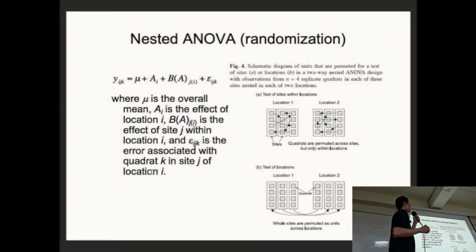So then you need to be careful about how you randomly shuffle your data, because it depends on your null hypothesis, depending on the question you are asking. Suppose we are asking whether treatments A, B, C are different, whether treatment has effects. We should maintain the structure of the two locations, location 1 and location 2.